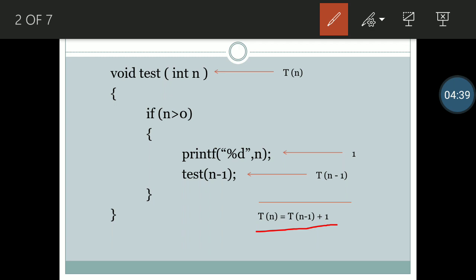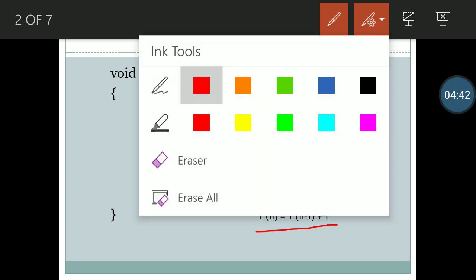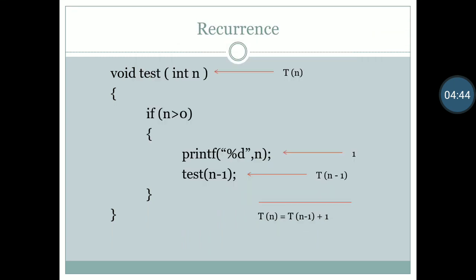So our final equation for this recurrence is T(n) = T(n minus 1) + 1. Remember that for every recursive function, the recurrence relation will be different. We have calculated this relation only for this function. Remember this.